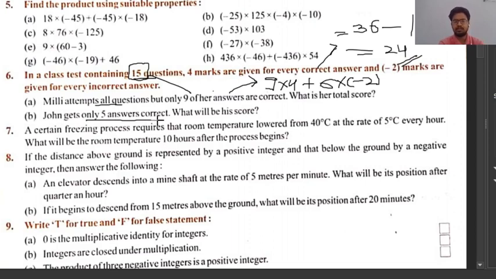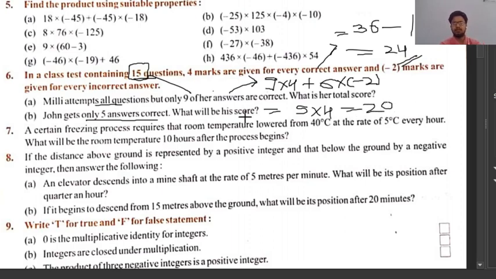If I suppose he attempted only 5 answers, what is his score? 5 into how many marks for a correct answer? 4. You should multiply it by 4. 5 fours are 20. It means John gets only 20 marks.